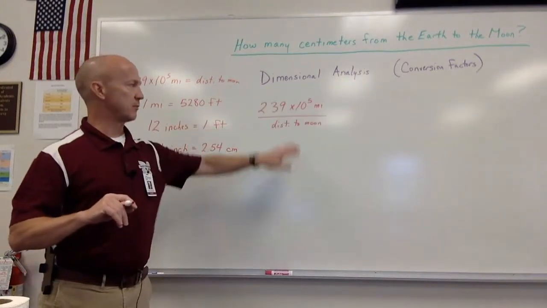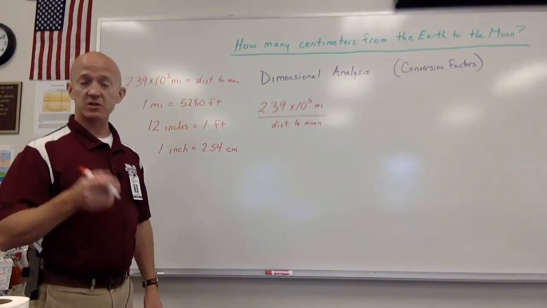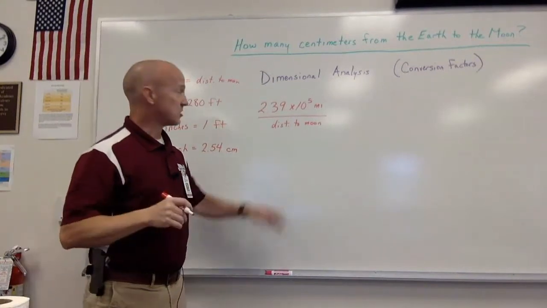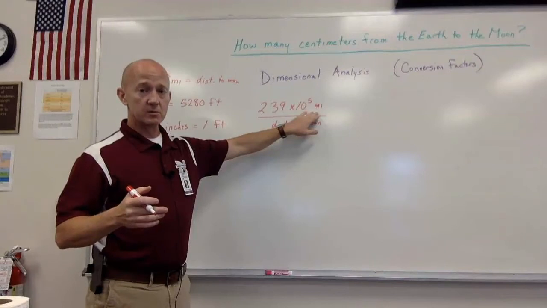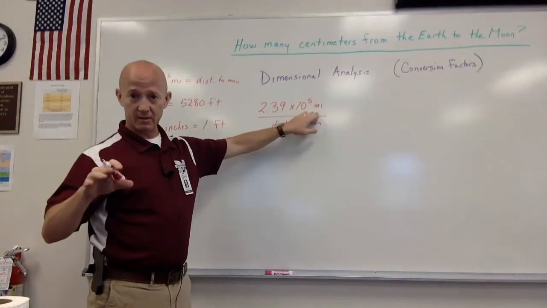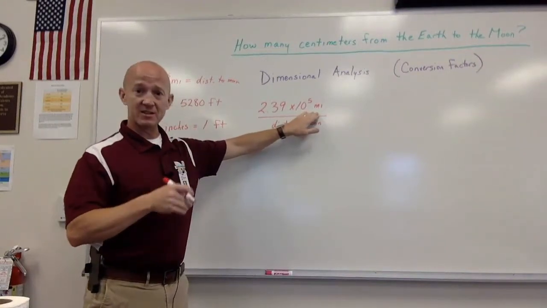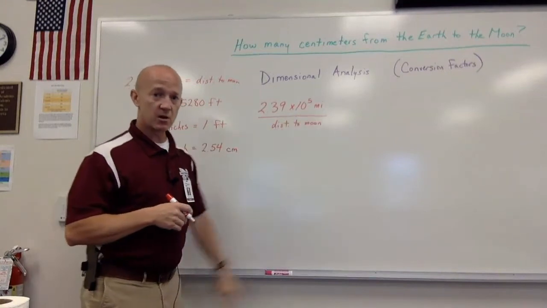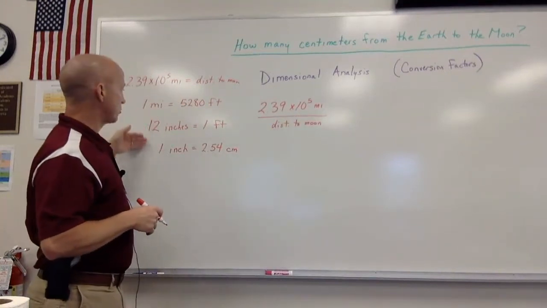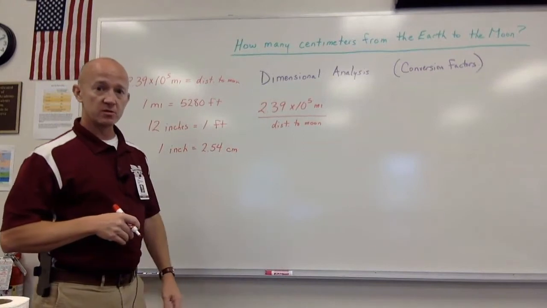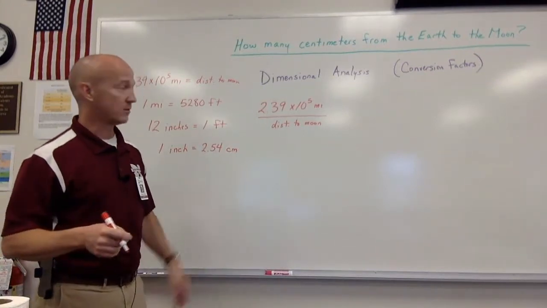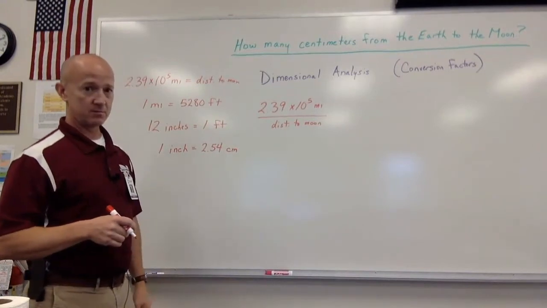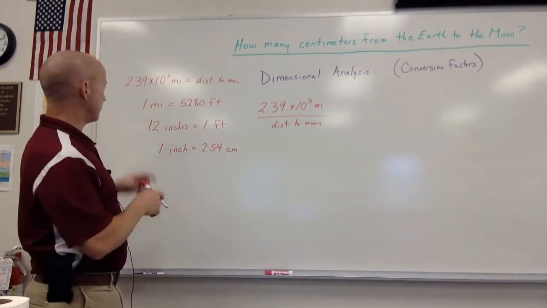So let's start with the number of miles we have for the distance to the Moon. Now, this is our distance in miles. But we don't want miles. We want miles to go away, and eventually we need to arrive at centimeters. So, which of these equivalence statements can we use to give us a conversion factor that will cancel out miles? This one, right.